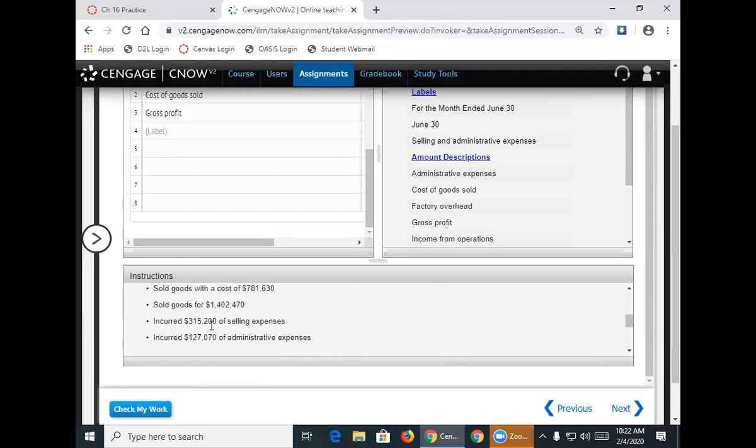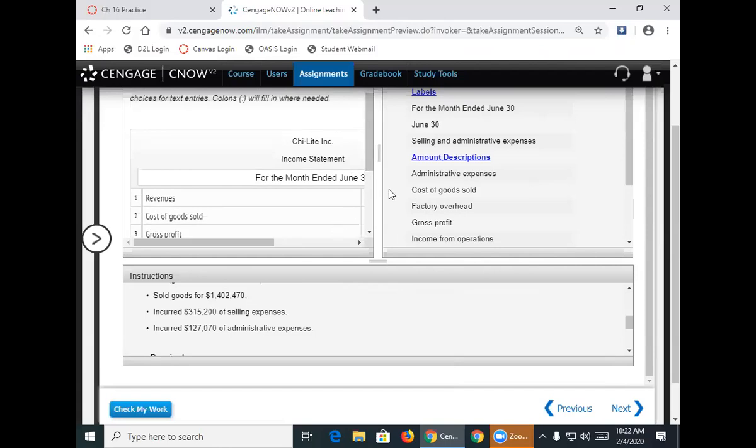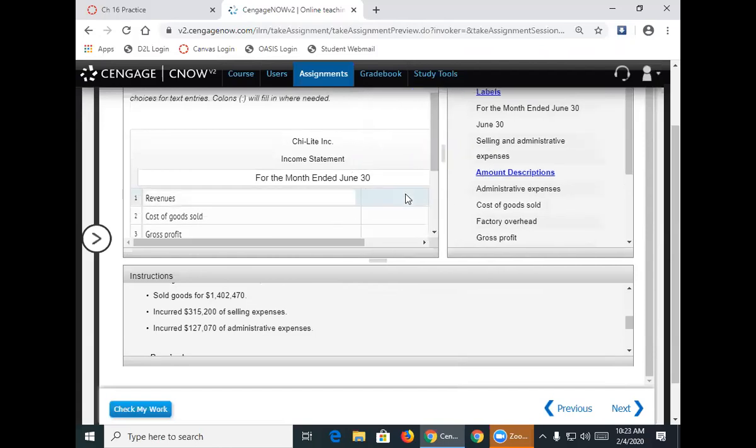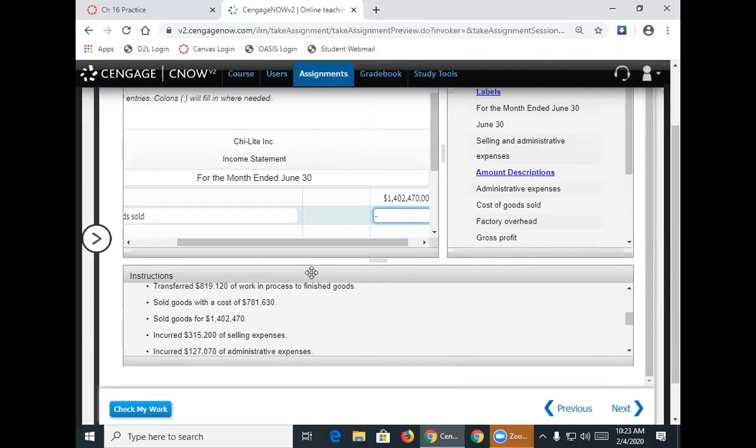So for mine, my revenues are what? 1,402,470. And then minus my cost of goods sold, 781,630.